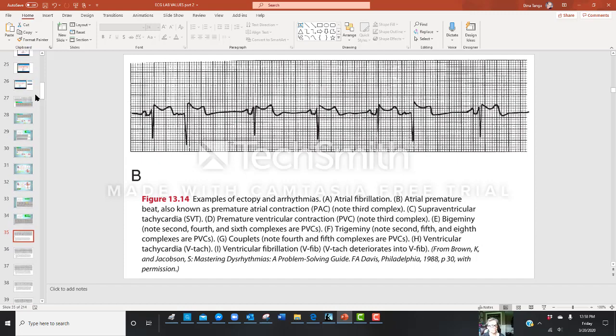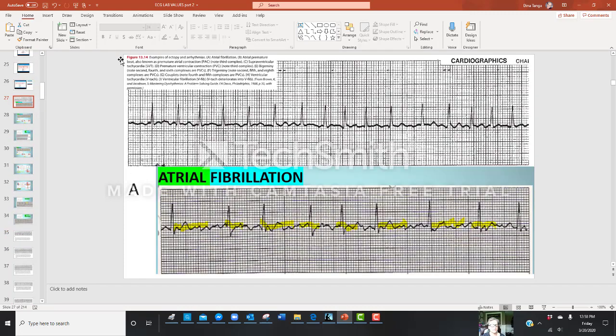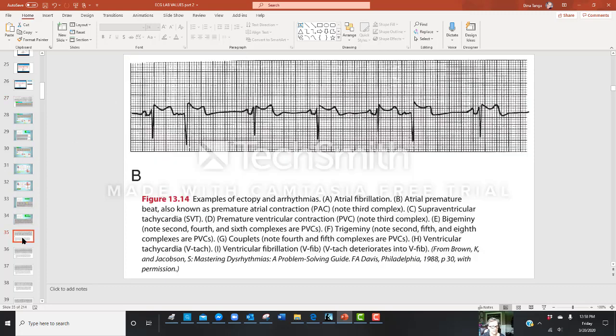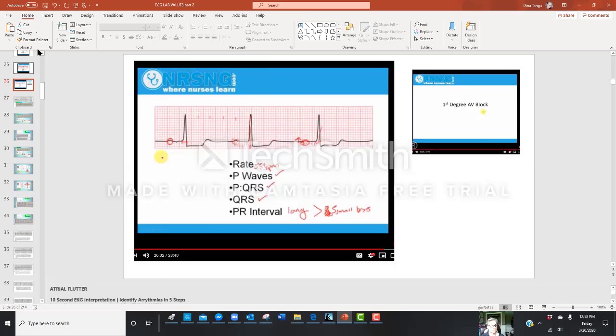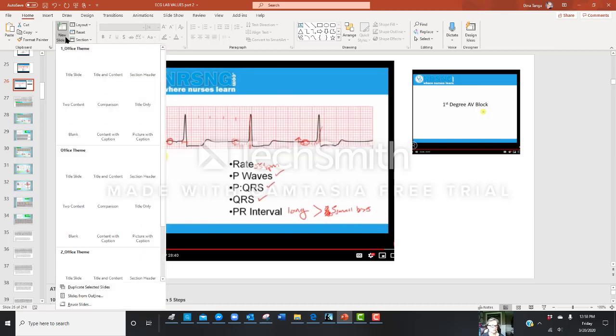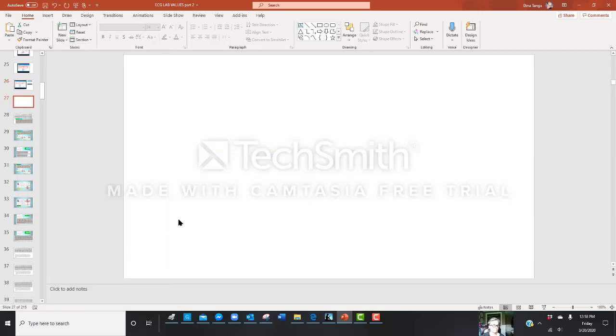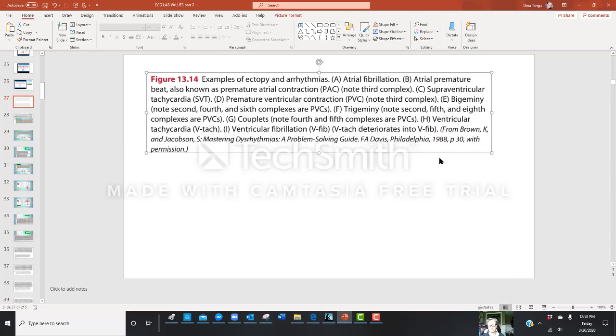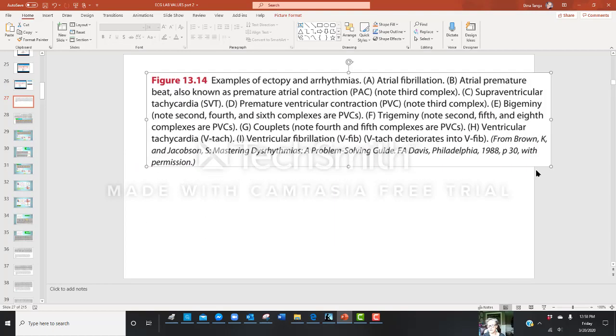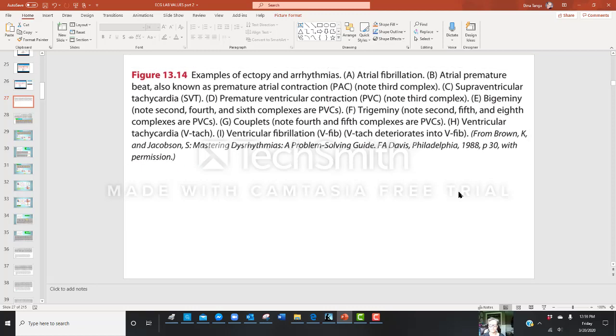I'm going to go in the order of figure 13, 14, which is atrial fib. We're going to go in this order because that's what was in the book. So we're going to start with atrial fib.